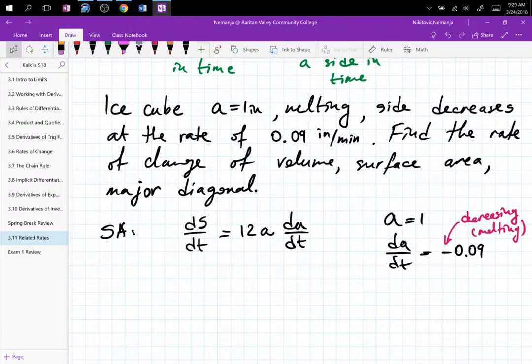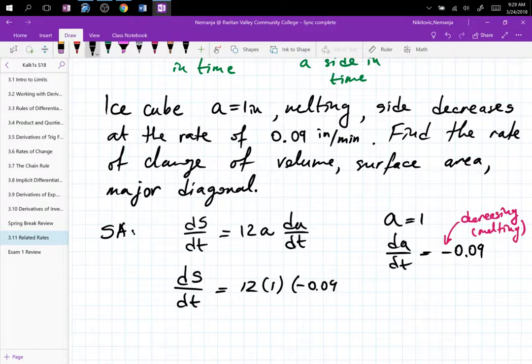What's left for us to do? We'll just plug in, right? They're looking for the change in surface area. So that's 12 times 1 times negative 0.09. That's it. I hope you're not disappointed, because that's it. So now we have 12 times 0.09. It's going to be obviously negative.